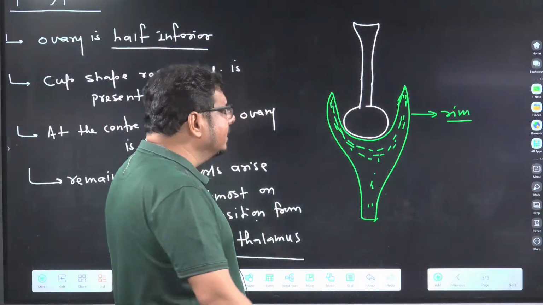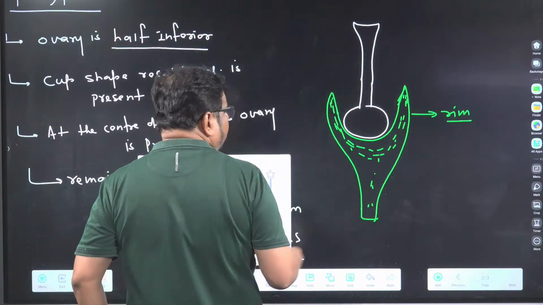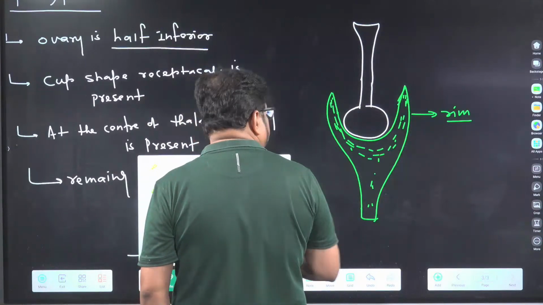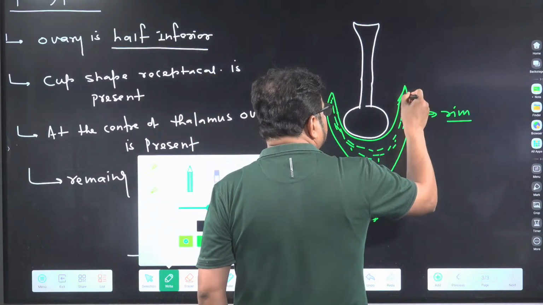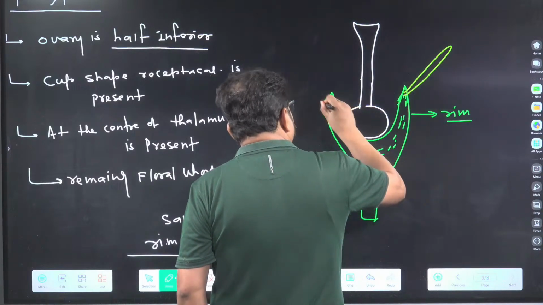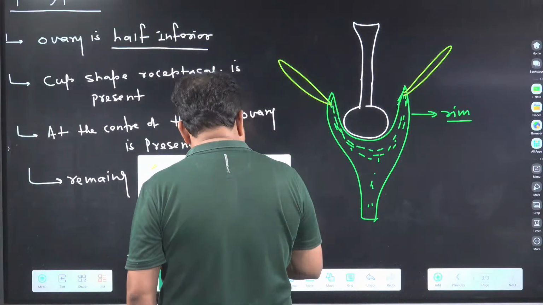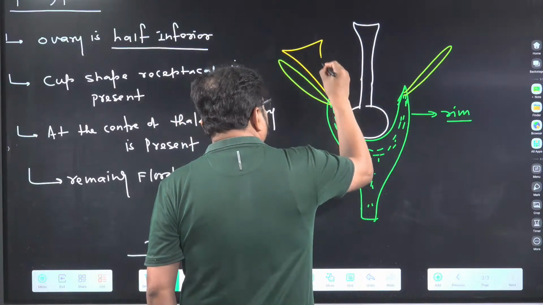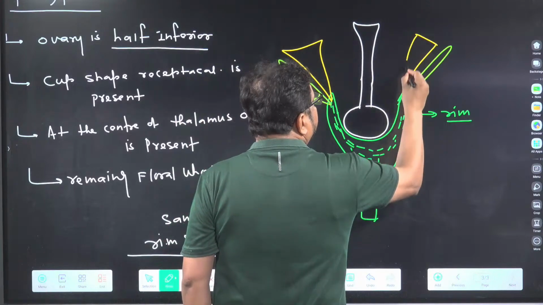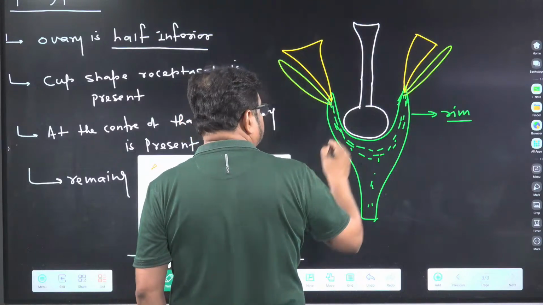Now, what are the positions of the other floral leaves? They arise like this, from the rim of the thalamus. From here who is arising? Calyx is arising. From here, corolla is arising. Then stamen is arising.